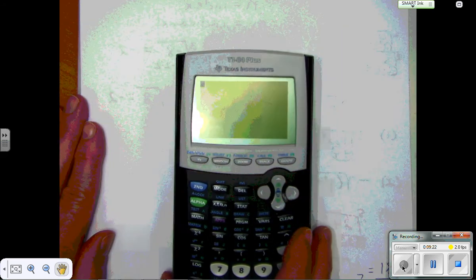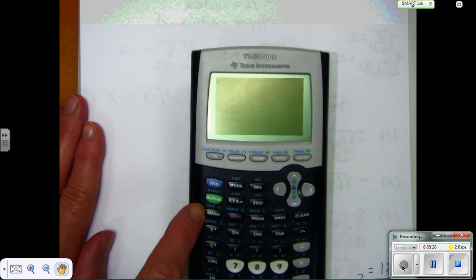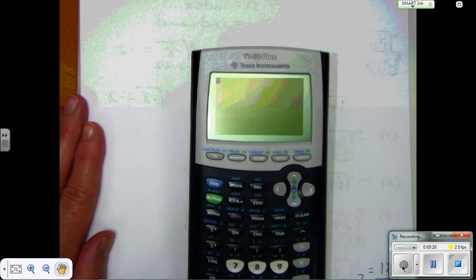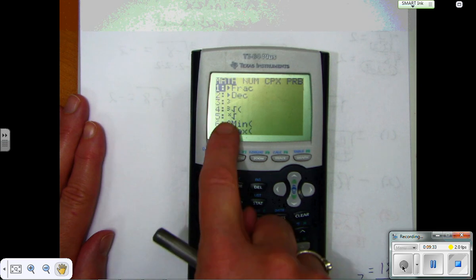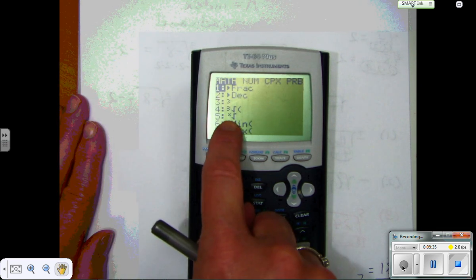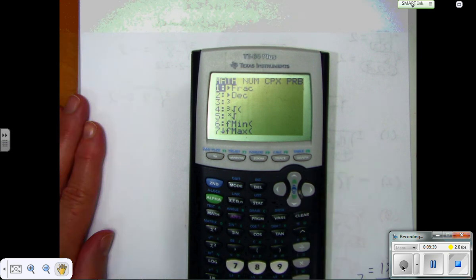So when you have a different index, you have to use the math button. Okay, your math key is right here. And since it's the 5th root, I want to put that root in first. So that's the 5th root, math, and the 5th one down is where you want to go. So you can either scroll down with your arrow key, or you can type in 5, and it'll go directly to that function.